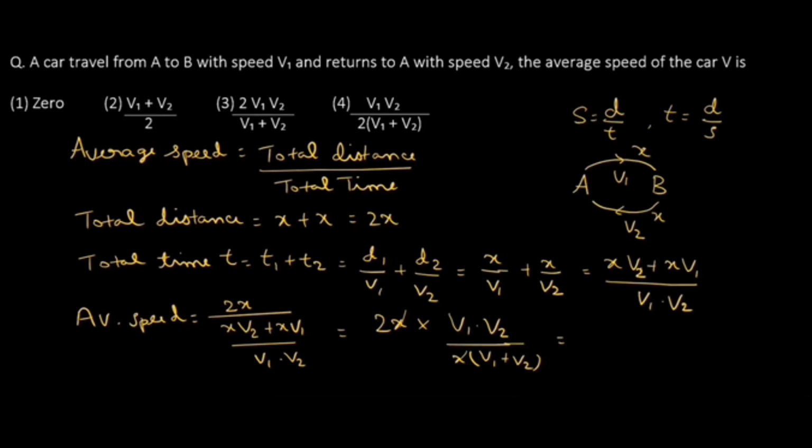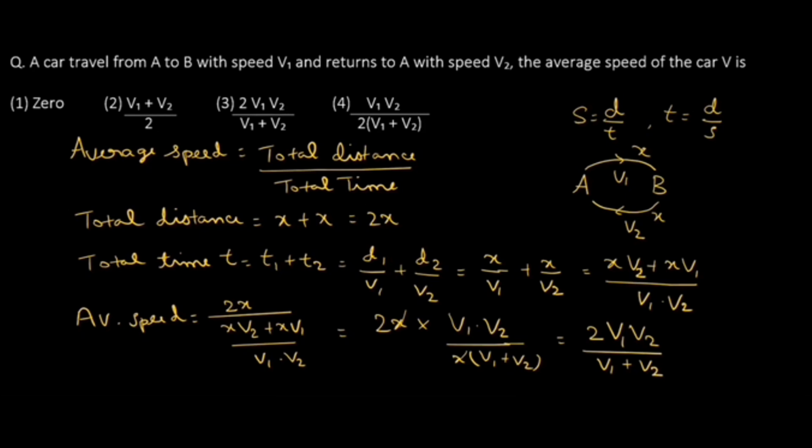So we get 2 v1 dot v2 divided by v1 plus v2. So this is the answer for this average speed.